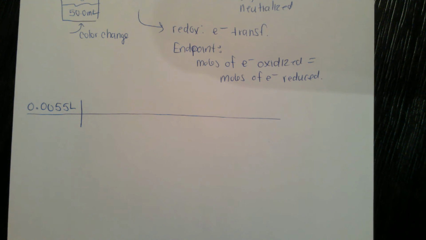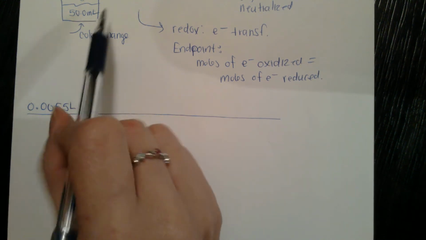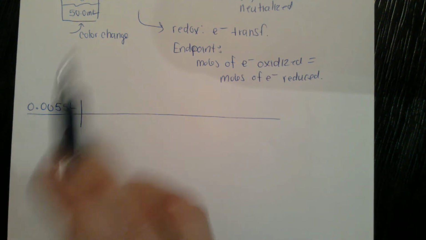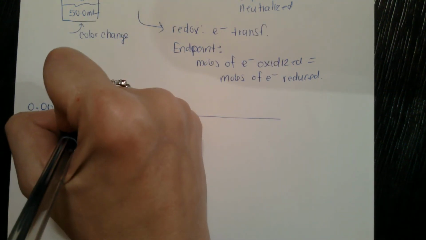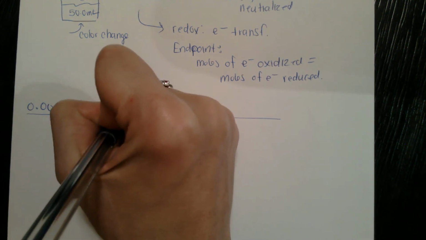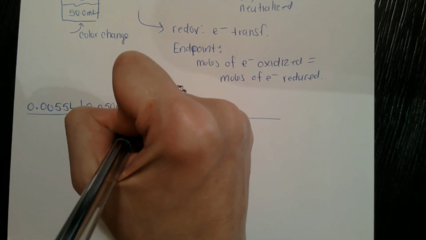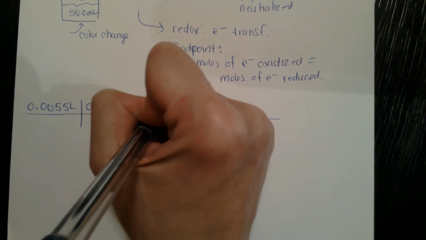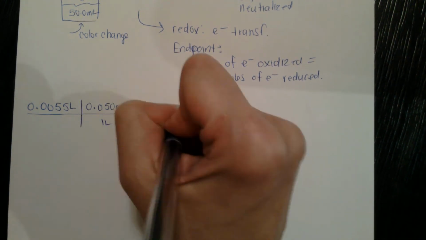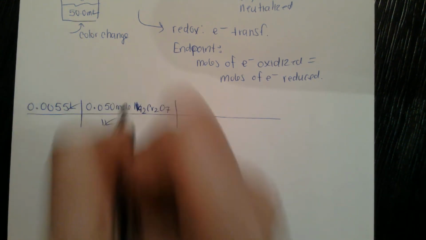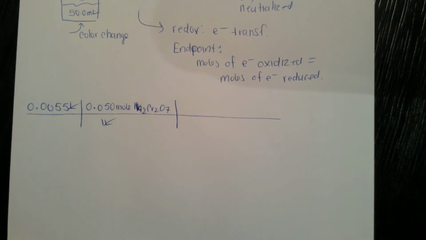So we're going to do some conversions here. Molarity times volume: I have my volume here, so I'm going to multiply that by the molarity, 0.050 moles of K2Cr2O7 for every 1 liter. Molarity is moles per liter, and so our liters cancel out.